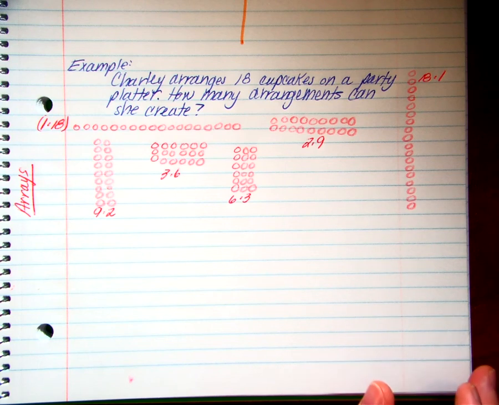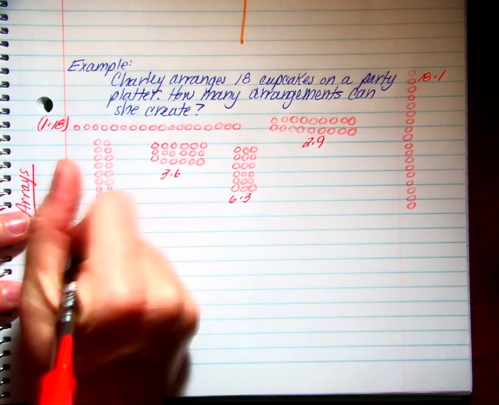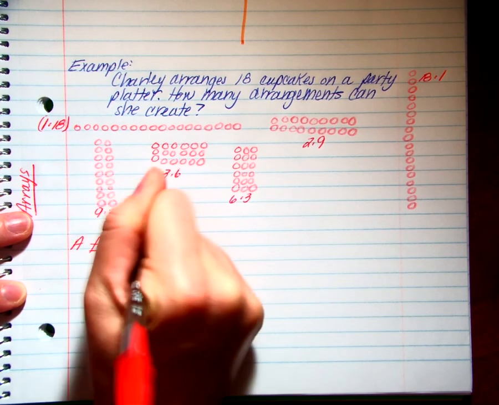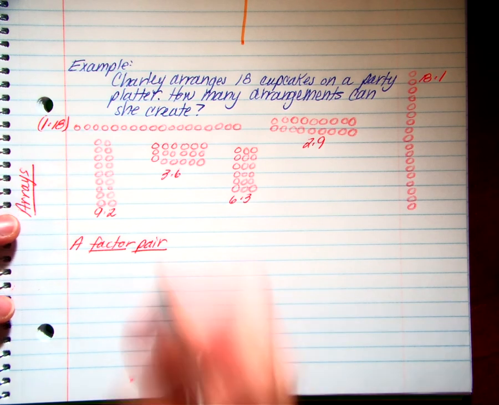Factor pairs are 2 numbers multiplied together to get the next number. So, a factor pair is 2 natural numbers other than 0 that are multiplied together to produce another number.